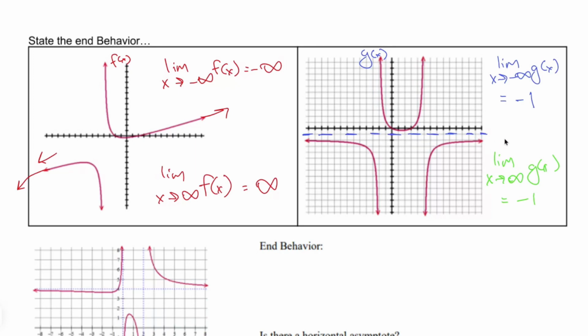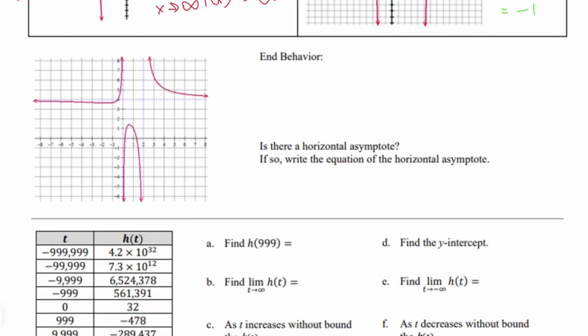So this is going to get awfully close to -1, but never officially touch it. So the limit as x approaches negative infinity and the limit as x approaches positive infinity are both -1, because as you move to the left and to the right respectively, you are heading towards this dashed blue line that levels out at -1. So the answers, unlike the polynomials, don't have to always be one of the infinities.